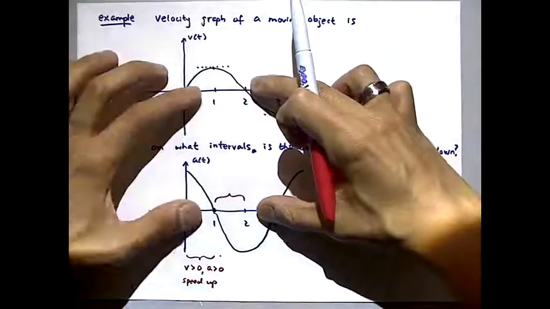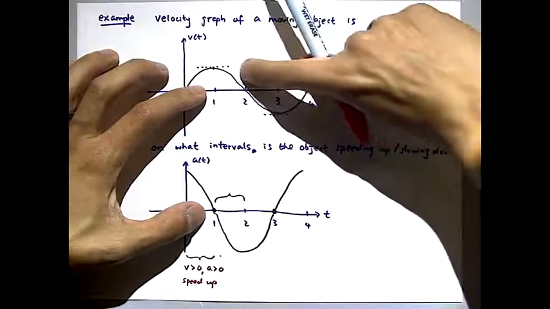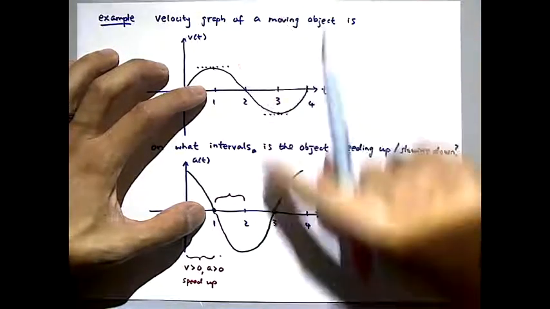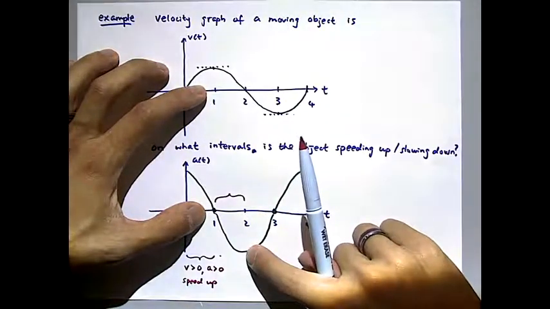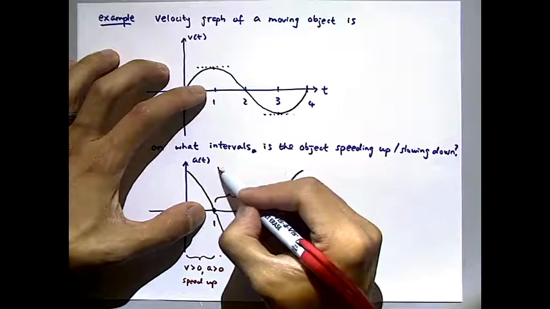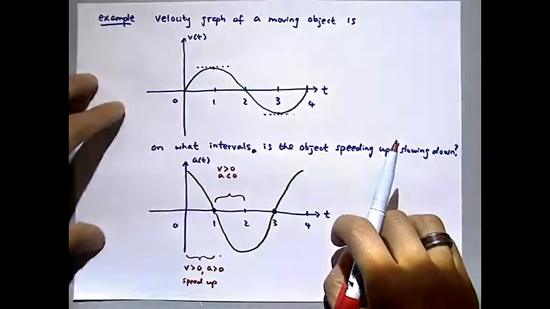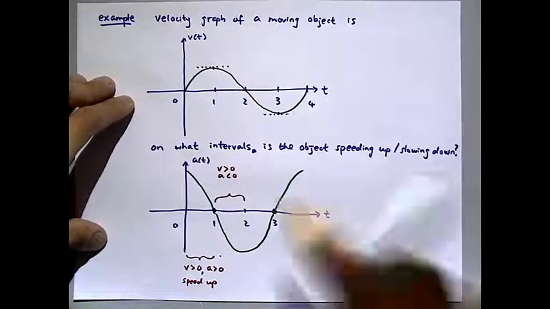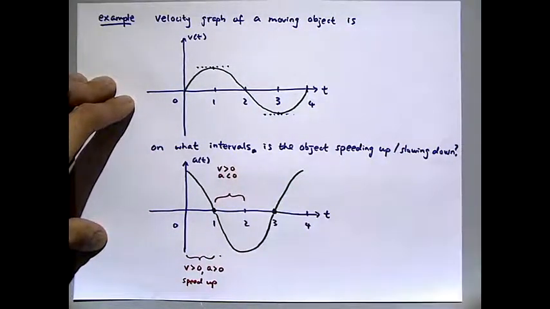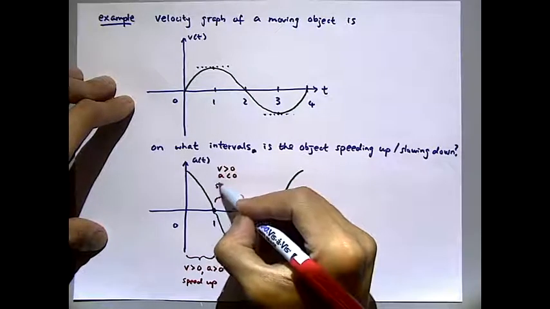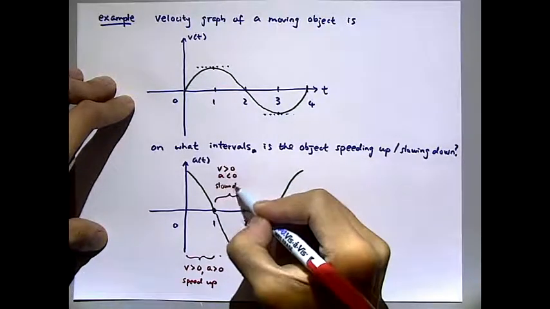Now look at the interval between 1 and 2. Velocity is still positive. Acceleration is negative here. Opposite signs, they're fighting against each other. So the speed will go down, slow down.